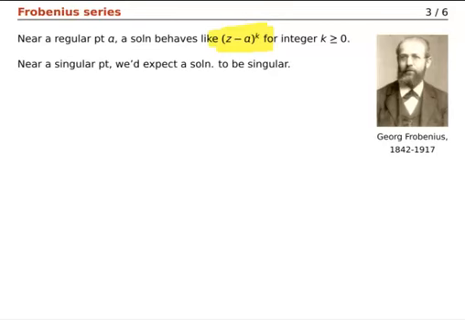In fact, if the solution is non-zero at the point a, then the solution is approximately constant near a, and that's the case where k equals 0. If the function that satisfies the equation has a simple 0 at a, then it behaves like z minus a to the power 1 in the neighbourhood of the point a, and if it's got a double 0, then it behaves like z minus a all squared, etc. But in all cases, it is some power of z minus a.